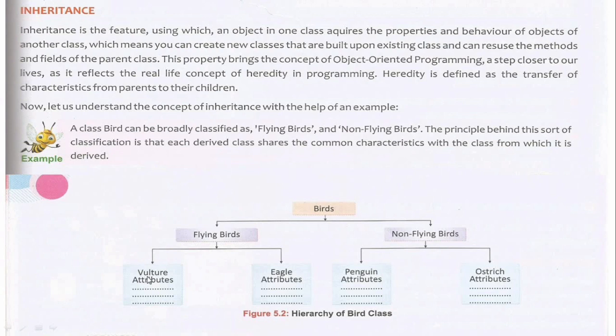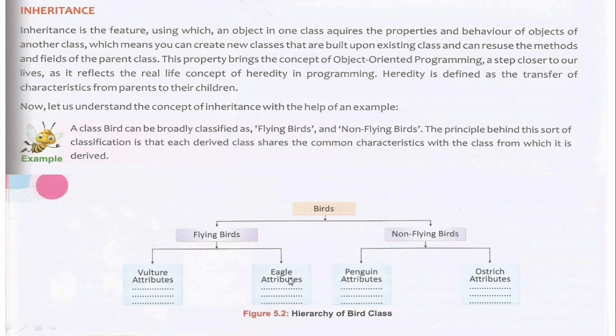Now this vulture is going to have some attributes like the span of the wings, the weight of the vulture, the color of the vulture, the color of the eye of the vulture, and different attributes. In the same manner, this eagle will also have some attributes because this eagle belongs to flying birds, which is a part of the class birds only.